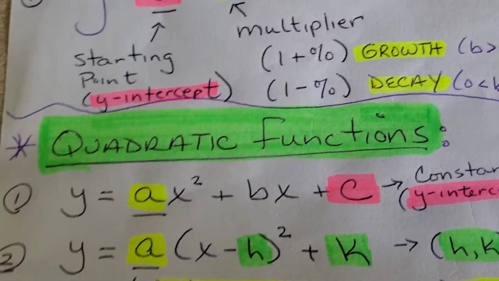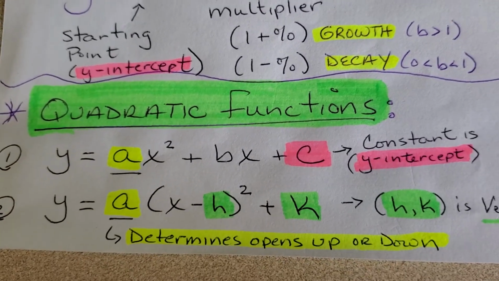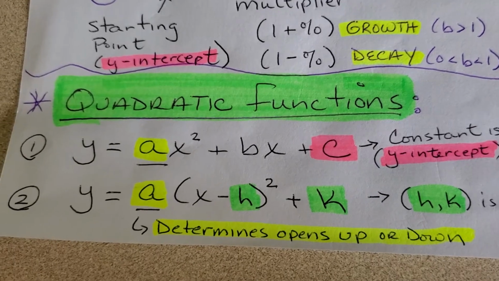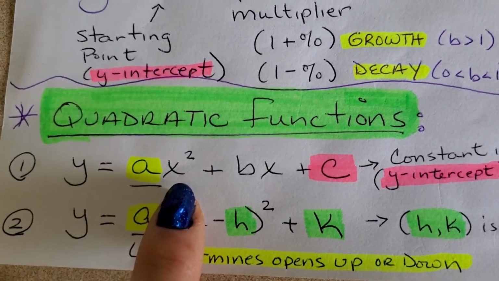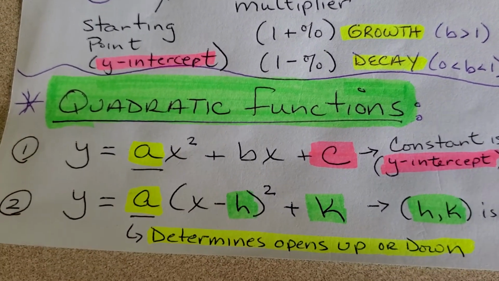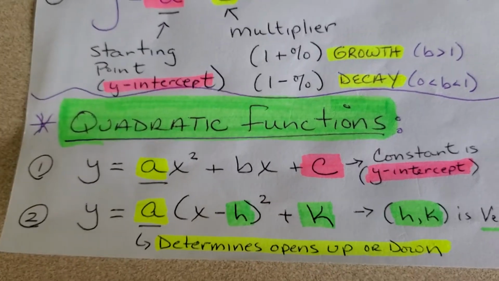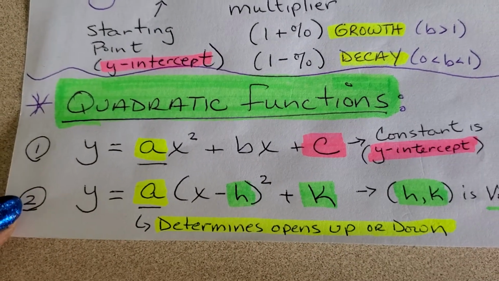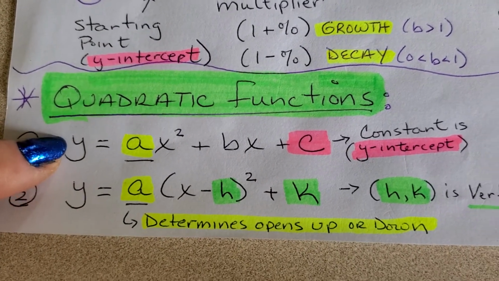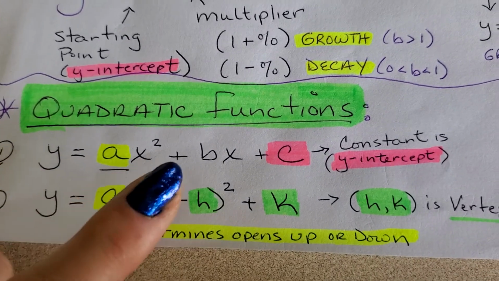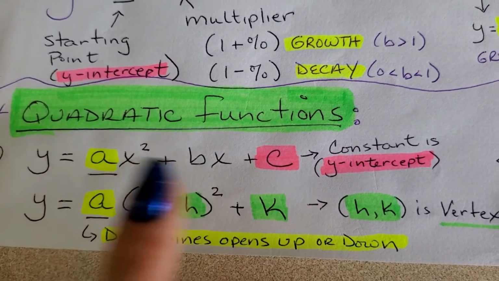Now, last one is quadratic functions, and this is when we form parabolas, and this is when we see our greatest degree of our x is 2. Now, I showed you again 2 of the most popular equations. This is considered the standard form, ax squared plus bx plus c.